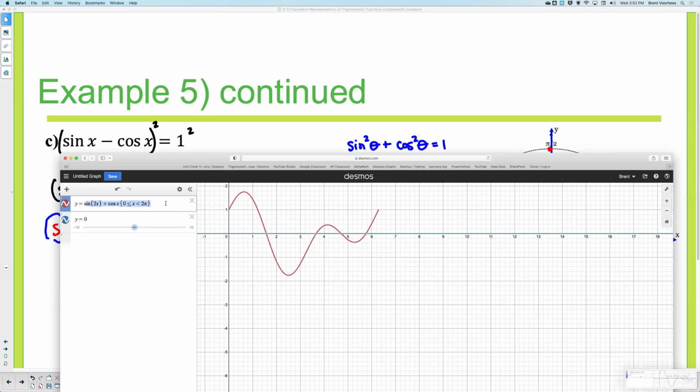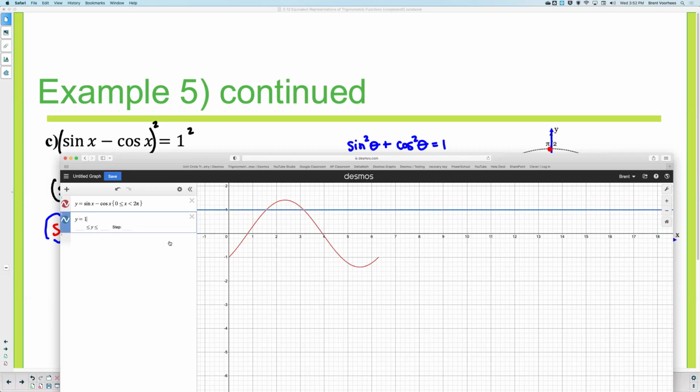We started with sine x minus cosine x. We need it to equal 1. And what I was saying earlier is whenever you square a problem that's not originally squared, you have to check for extraneous solutions. And it looks like we have some extraneous solutions. Pi over 2 and pi would be the only real solutions here.